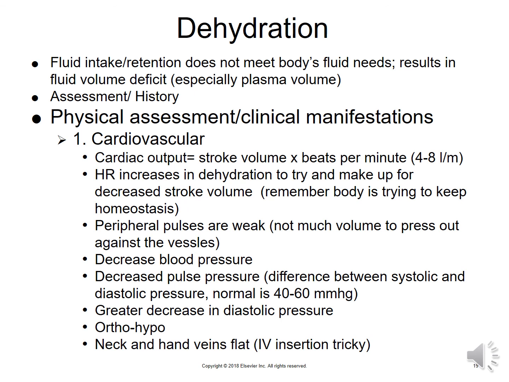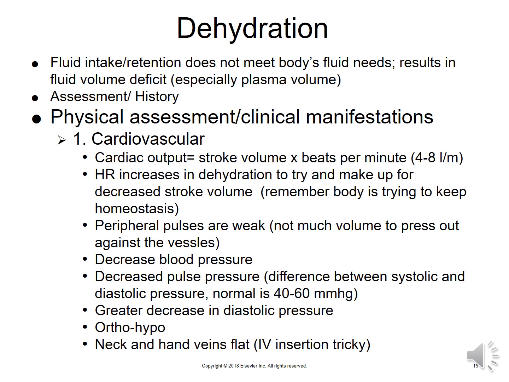All right, so we're going to have peripheral pulses that are weak because there's not as much volume in the vessels to press out against those vessels. And because of that also, we're going to have decreased blood pressure. Let's talk about blood pressure just a little bit. Systolic pressure.